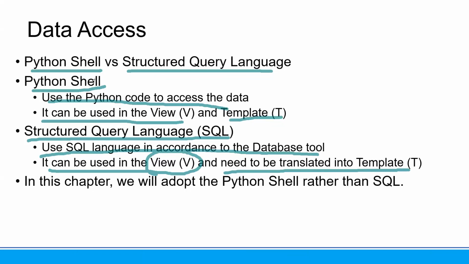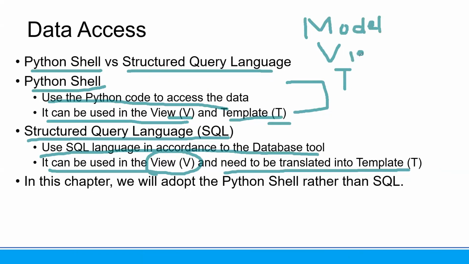It means that when you are using the Python shell, it is actually more powerful because it is connected to V and T. I hope that you still remember we have M, V, and T. M means the model, which is related to the data. V is the view, which is related to how to connect the model and the template. T is the template.